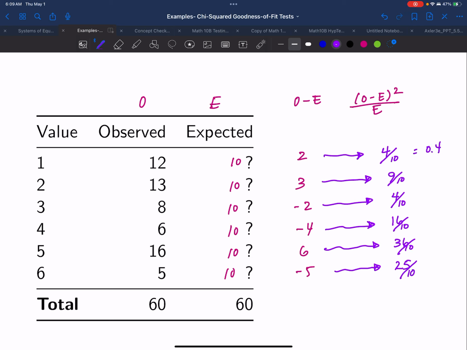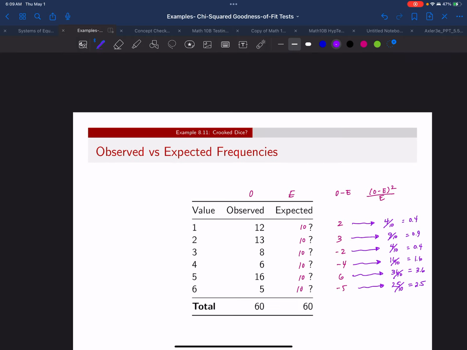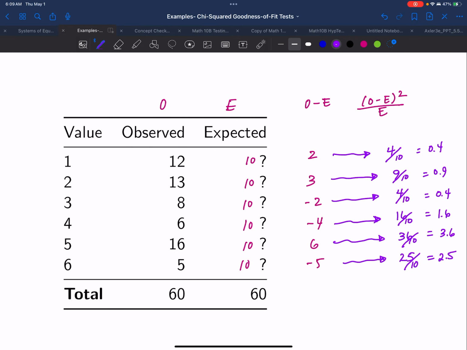This would be 0.4, 0.9, 0.4, 1.6, 3.6, 2.5. And then the last thing we do is sum them all. So the sum of O minus E squared over E is going to be the sum of all of these terms.